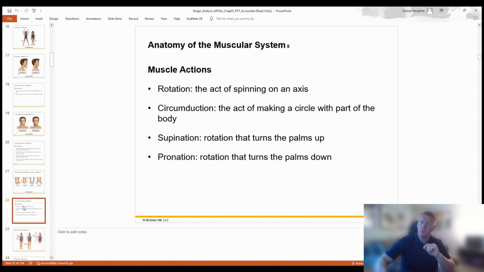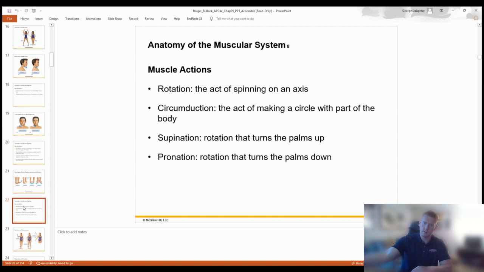All right. And now we can do a few more things. Similar to the ankle, we have terms for the wrist as well. Not specific to the wrist, joints can also rotate and circumduct sometimes. Rotation is a transverse action, right? We've rotated along an axis. My shoulder can rotate.